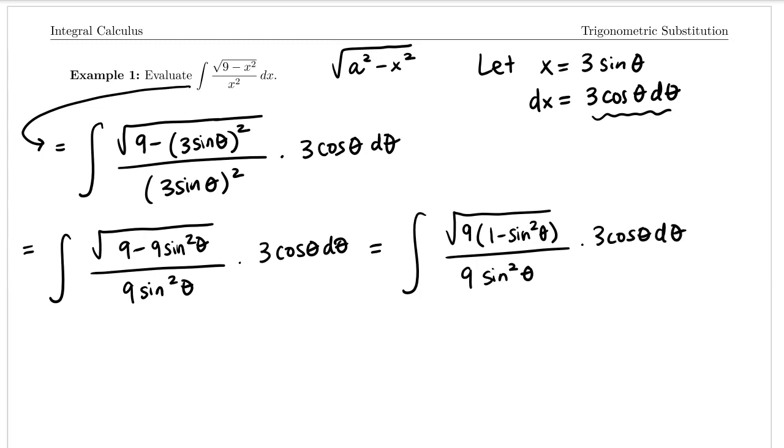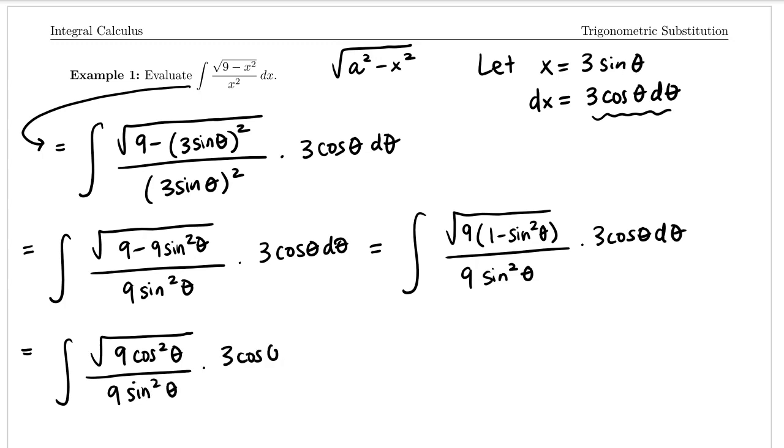And notice underneath my square root, I have one of the forms of the Pythagorean identity. If you don't remember, go back to the table on the previous page. That helps us rewrite it as the square root of 9 times cosine squared theta over 9 times sine squared theta times 3 cosine theta d theta.